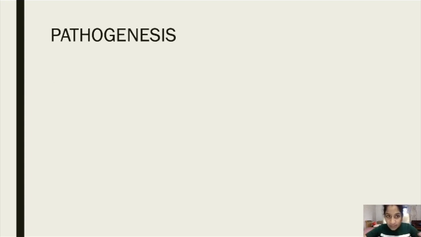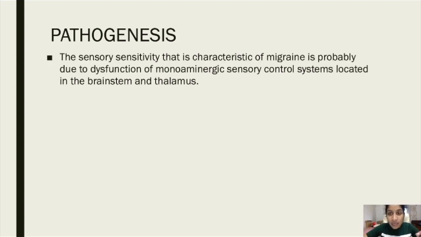Pathogenesis. I know this is a little difficult, but just go through it and you'll understand. You know all these pathways in the brain. This is mainly because of some neurotransmitters and chemicals secreted in our brain, which are the factors causing migraine.